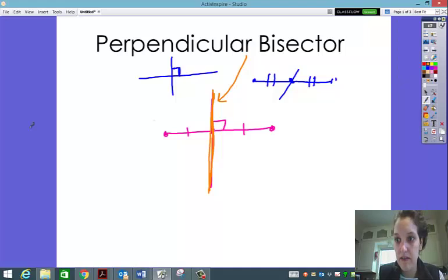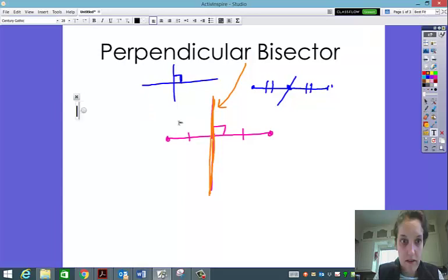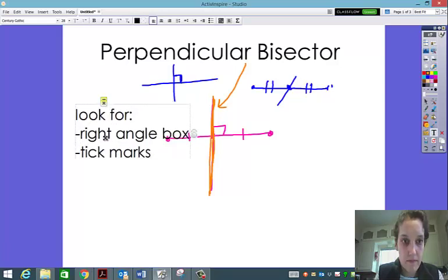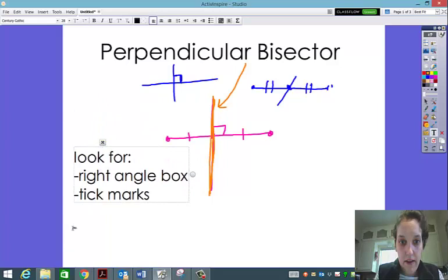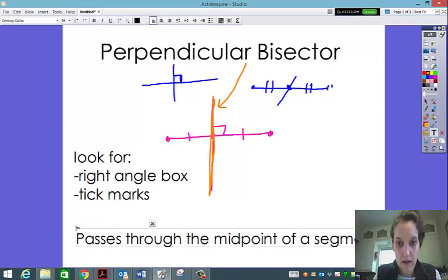Look for right angle box, tick marks. So a perpendicular bisector passes through the midpoint of a segment and creates a right angle with the segment.